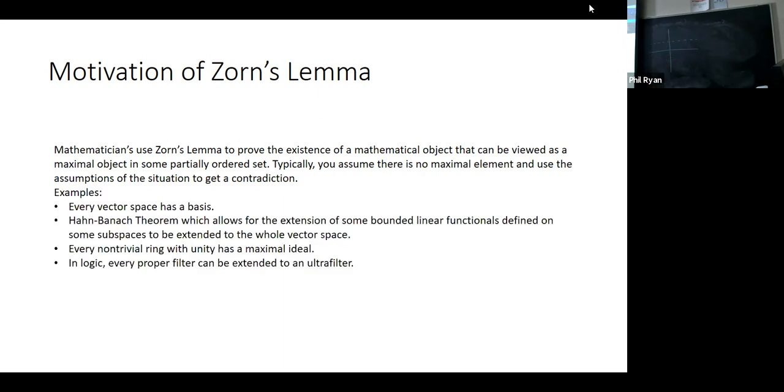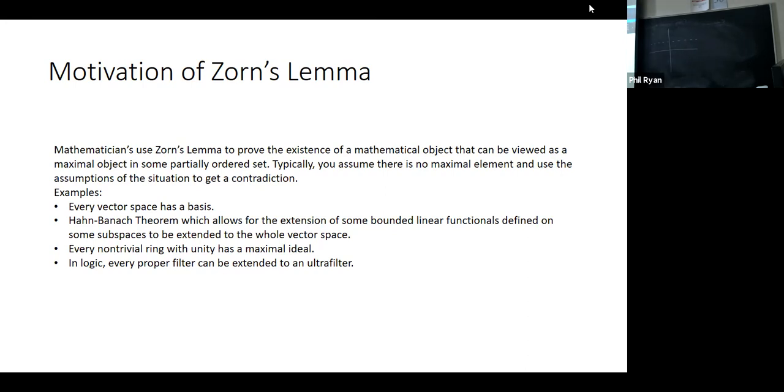So here are some examples. You've already seen that every vector space has a basis. There's the Hahn-Banach theorem, an important theorem in functional analysis. A linear functional is basically just a function on functions. For example, evaluation is an example of a linear functional. The theorem shows that if you've defined it on a subspace, you can extend it to the whole vector space.